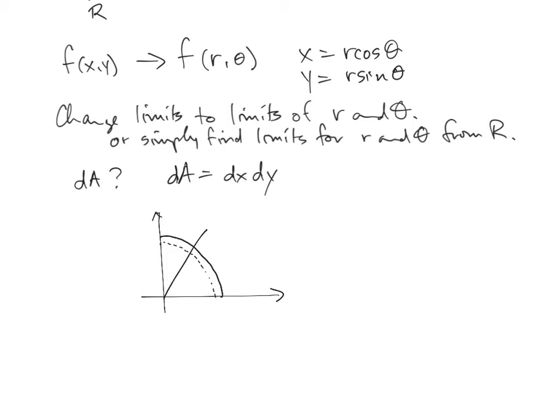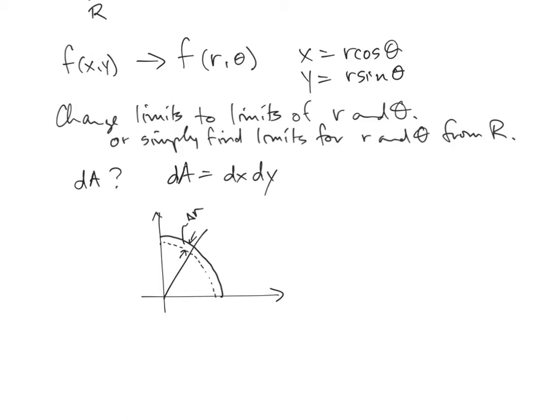then this gap here would be my dr. Or let's start with delta r. It's the polar coordinate r, right? It's the difference between a radius like this and a radius like that. I change r a little bit.